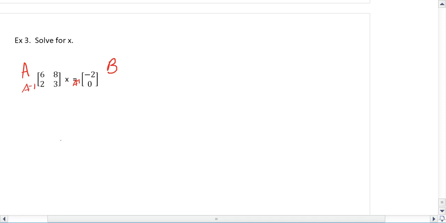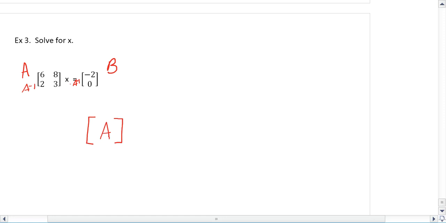So when you enter this on your calculator, go ahead and enter this 2 by 2 in A, this 2 by 1 in B, and then you've got to quit out of the matrix menu. And so from the home screen now, we need to go get matrix A. So hit matrix, and under names, just select matrix A, and it will bring this to your home screen.